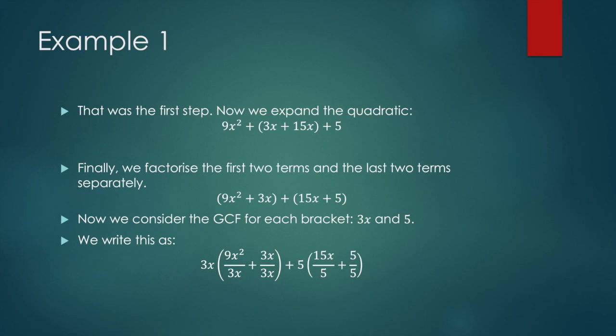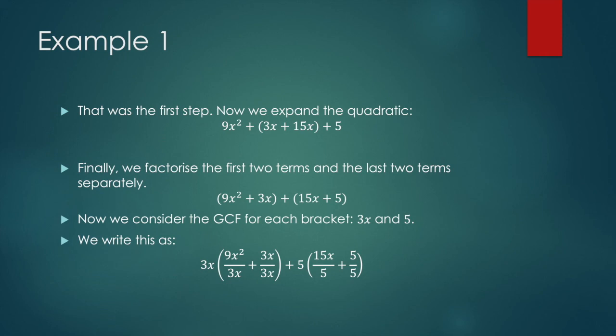Then we bracket the first two terms and the second pair of terms, and from that we can factorize. So if you look at 9x squared plus 3x, our GCF is 3x. 3x can divide both these terms. So I take 3x out and I divide 9x squared plus 3x each by 3x.